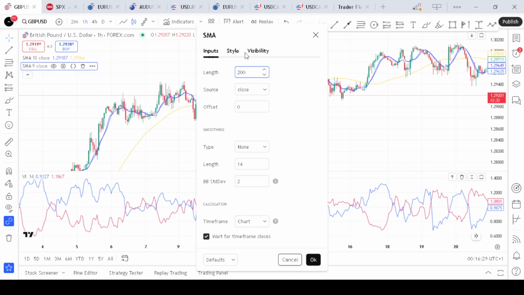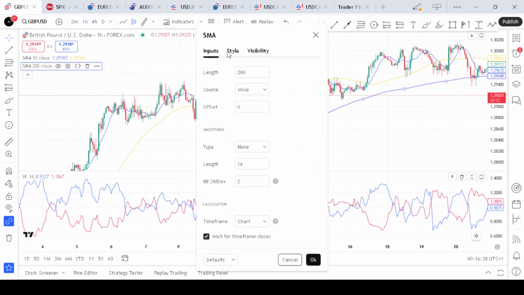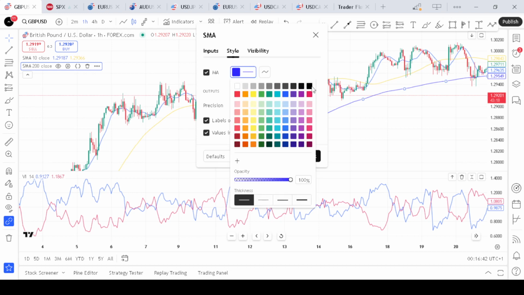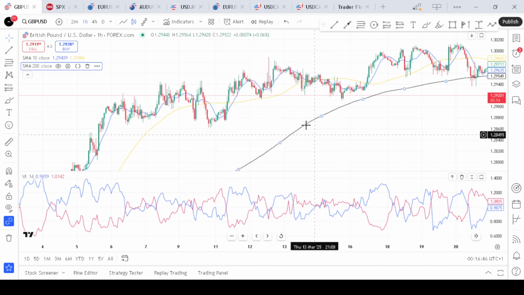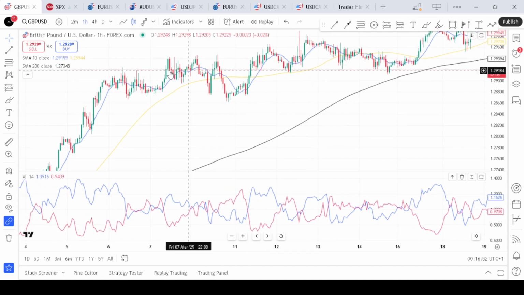These are the tools we use to capture different market periods. Now let's change the colors to not mix things up. The 200 moving average will be our black line, the 50 moving average will be the yellow line, and our 10 period moving average will be our blue line.